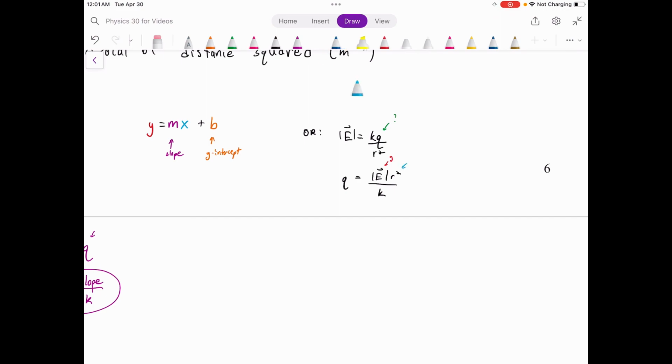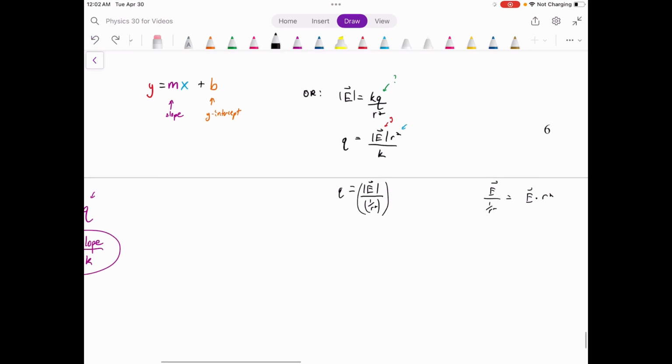But notice e times r squared is actually the same thing as e divided by 1 over r squared, because dividing by a fraction is the same as multiplying by its reciprocal, right? So e over 1 over r squared is the same thing as e times r squared over 1, or e times r squared. So this actually is our y variable being divided by our x variable. And then that's all being divided by k.